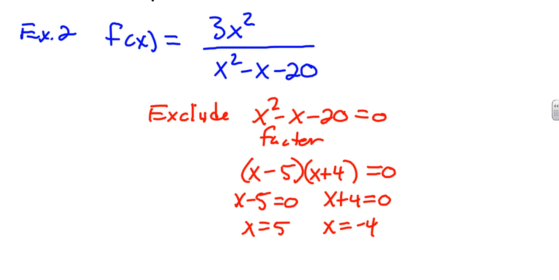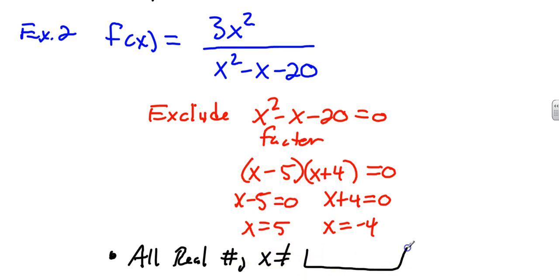I'm pretty sure that they'll say it's all real numbers, and they'll say that x cannot equal, and then you go back and fill in the blank and put in the 5 and the negative 4.